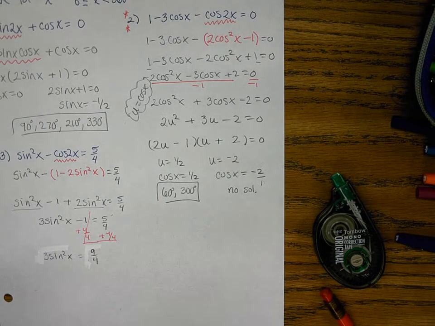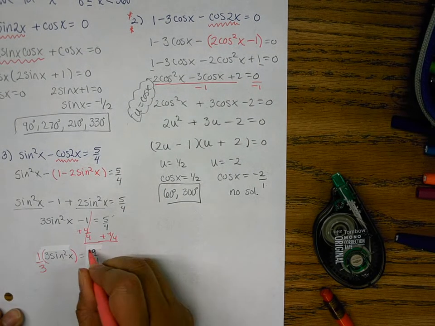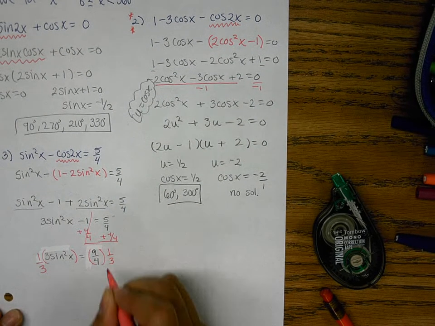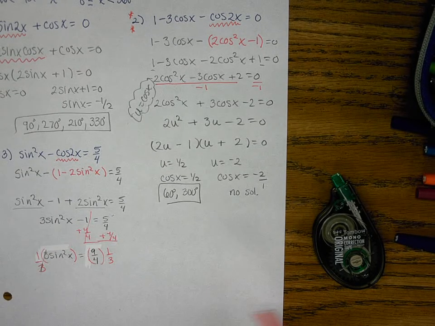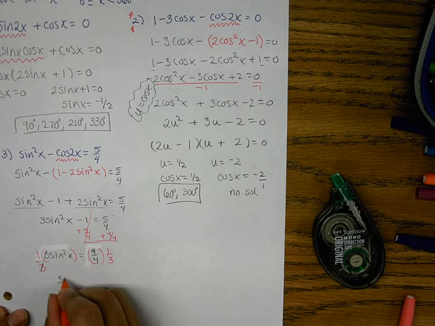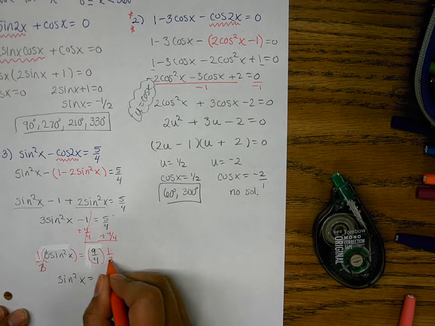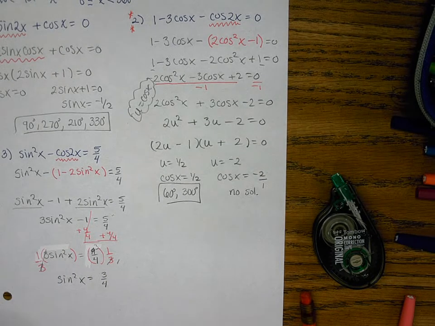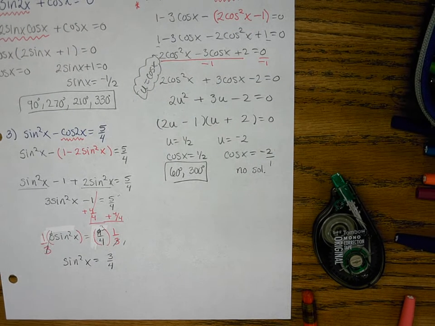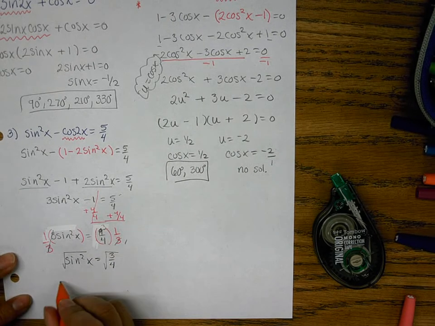So before square rooting both sides, I'm going to divide by 3, remembering that dividing by 3 is equivalent to multiplying by 1/3. I'm only going to do that since there's a fraction already on the other side. The 3's cross out. Sine squared x equals, when I cross reduce, that's 1, that's 3, that gives me 3/4. And now I'm ready to square root both sides.